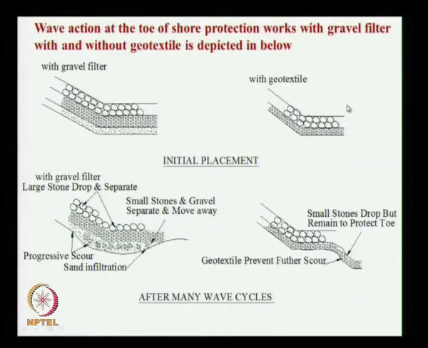Suppose you want to build a breakwater for 1 kilometer long, you cannot have 1 kilometer long geotextile. So 18 meter is the width of the rubble mount seawall. So the roll can be of about 100 meter or something like that. So 3 meter you lay it, then cut it, then put another 3 meter with an overlap.